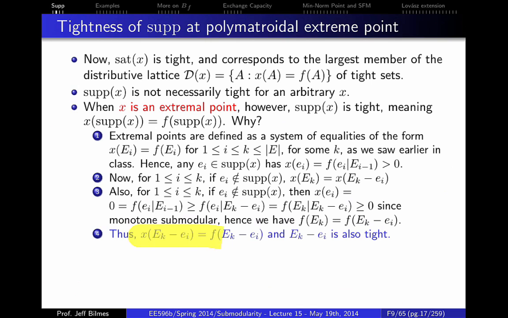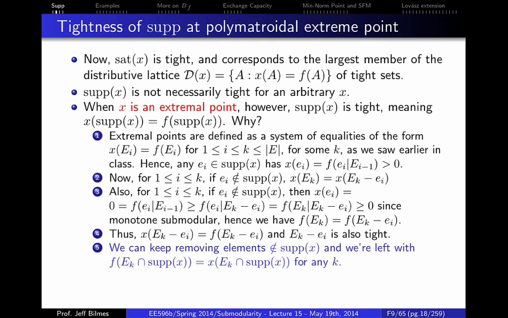So in other words, this is also tight. And then we can keep doing that. For e_i any arbitrary member that was not in the support of x, that had that 0 value, we just keep doing that, remove all of the 0-valued elements, and eventually we get to the point where we're intersecting with the support. Anything that's in the support we can't remove, right? So e_k is basically as big as we want, and therefore the support is a tight set.